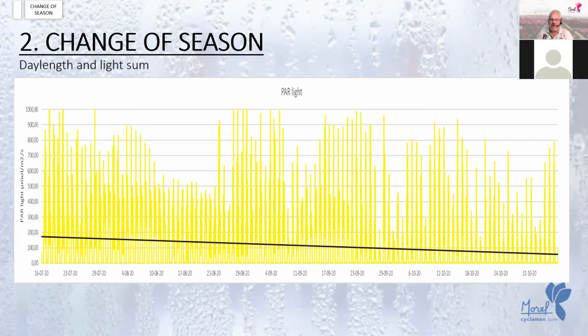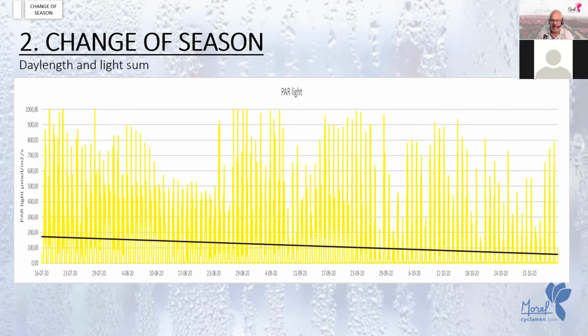The black line in the graph here represents the average daily light sum. And so as you can see from the left-hand side, well, my screen is mirrored, I see. So from the left-hand side to the right, as the year travels by, the black line goes down. So from the start of the cyclamen season till the end of the year, the light levels gradually go down.